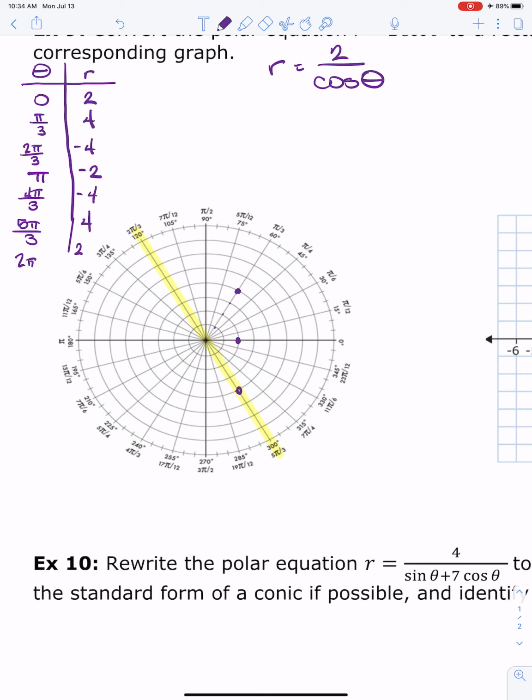At pi going this way, I'm at negative 2, so that hits this point again. At 4 pi over 3, down this way. Where's my 4 pi over 3? Right here.